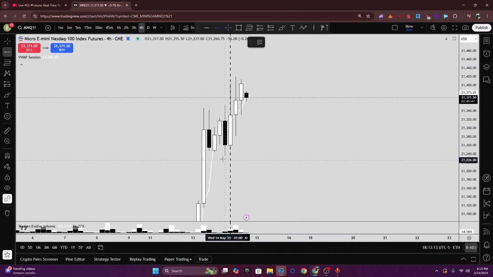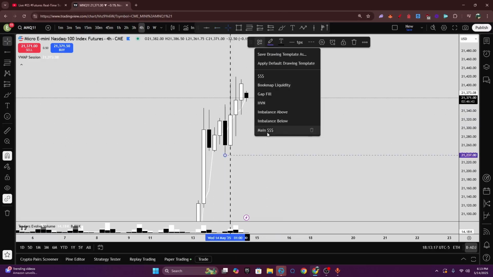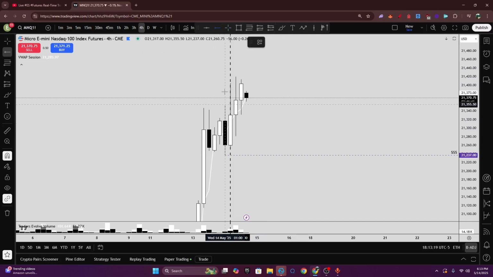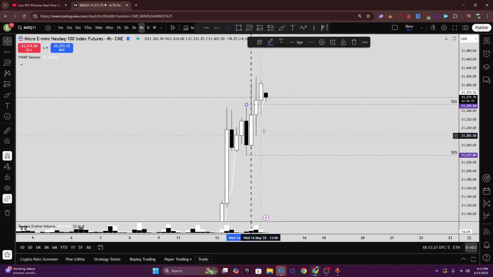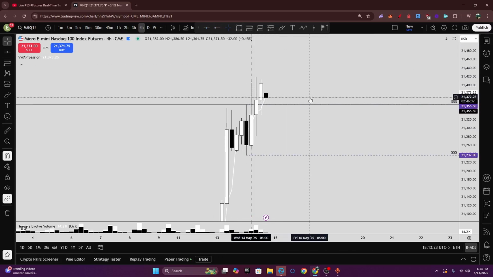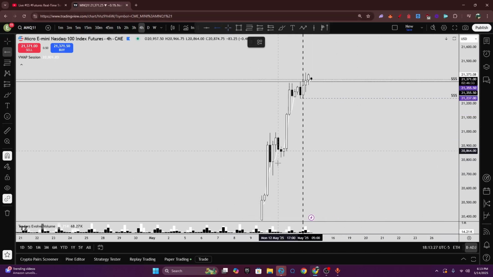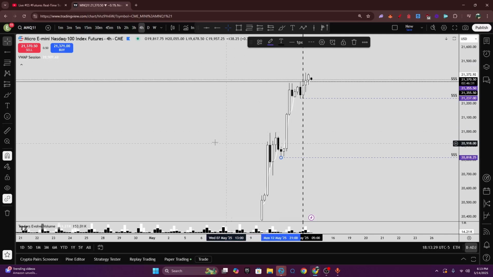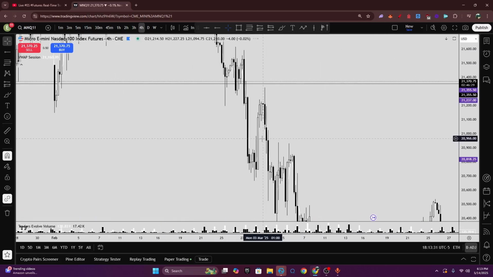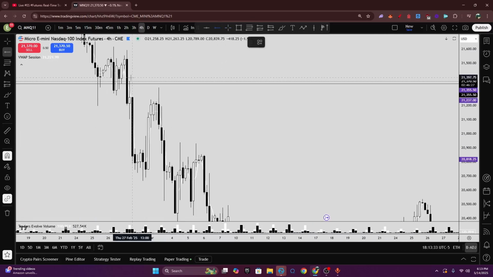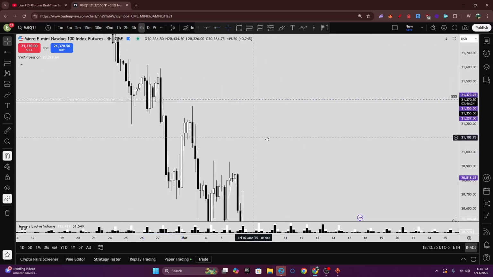So we do have lower liquidity down here. You have upper liquidity up here. The up move is quite heavily extended. You could potentially consider this as an area. You have main liquidity here.